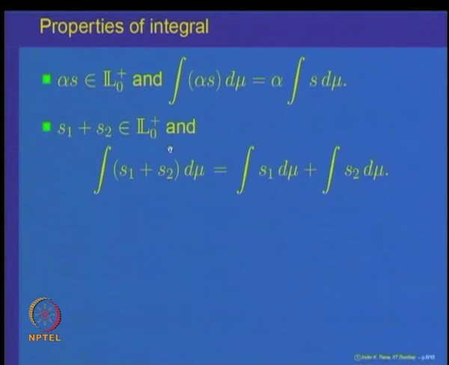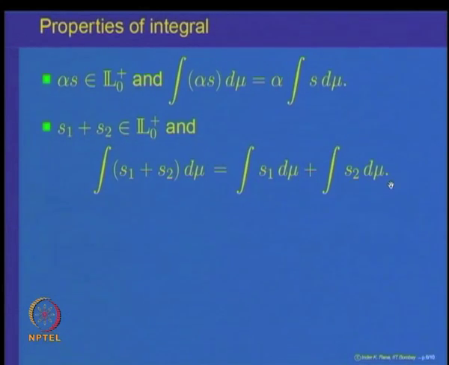Next, we want to show that it is a linear operation. So, we want to check that if S1 and S2 belong to L 0 plus, then S1 plus S2 belongs to L 0 plus. That we have already checked, but we will check it again today also. And the integral of S1 plus S2 d mu is the integral of S1 plus the integral of S2.